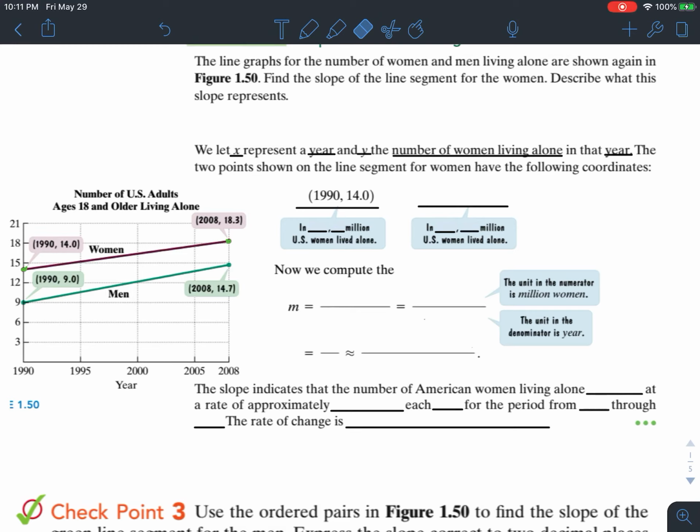That means in 1990, 14 million women lived alone. And then the next data value is that in 2008, 18.3 million women lived alone. That's what this is describing down here, just what I just said, really.